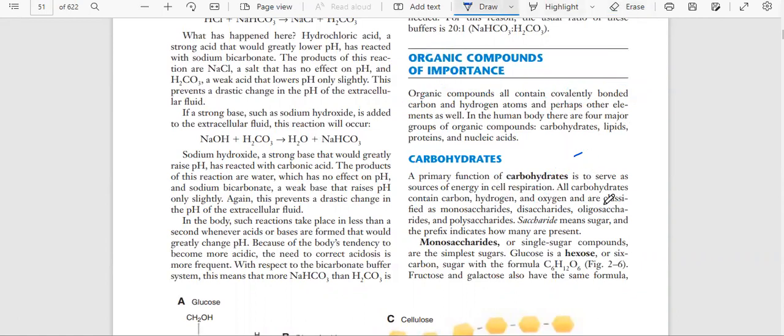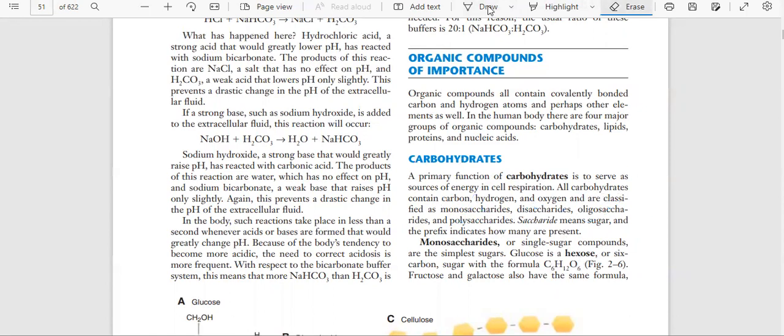All carbohydrates contain carbon, hydrogen, and oxygen and are classified as monosaccharides, disaccharides, oligosaccharides, and polysaccharides. Basically, carbohydrates are classified according to the carbon, hydrogen, and oxygen. They divide into some types: the first type is monosaccharides, the second is disaccharides, the third is oligosaccharides, and the fourth is polysaccharides.